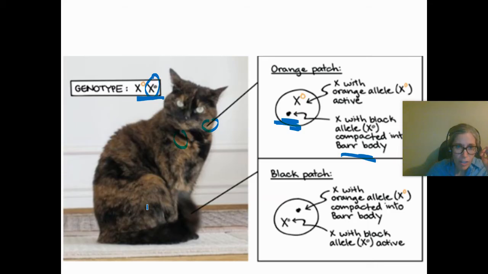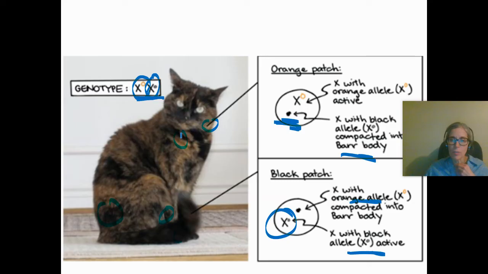And then for any of the black spots on her, it was her orange X chromosome, the X chromosome that carries the orange color gene, that became the bar body that was inactivated. The X chromosome with the black on it was active, and that's the one that codes for the black color in cats. And kind of cool, right?